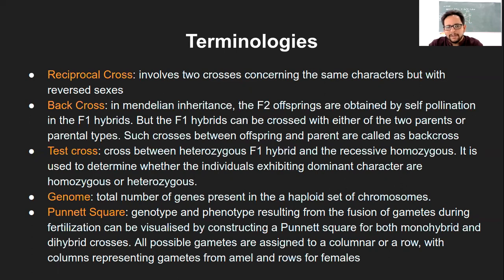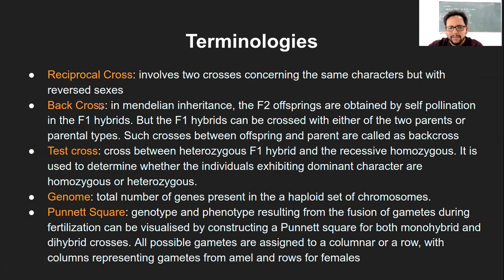That means in reversing, what will you do? Instead of taking anthers from the tall plant, you take them from the dwarf plant and put them on the stigma of the tall plant. So that is the reciprocal cross. You just exchange the character between male and female, and then the same cross is done.